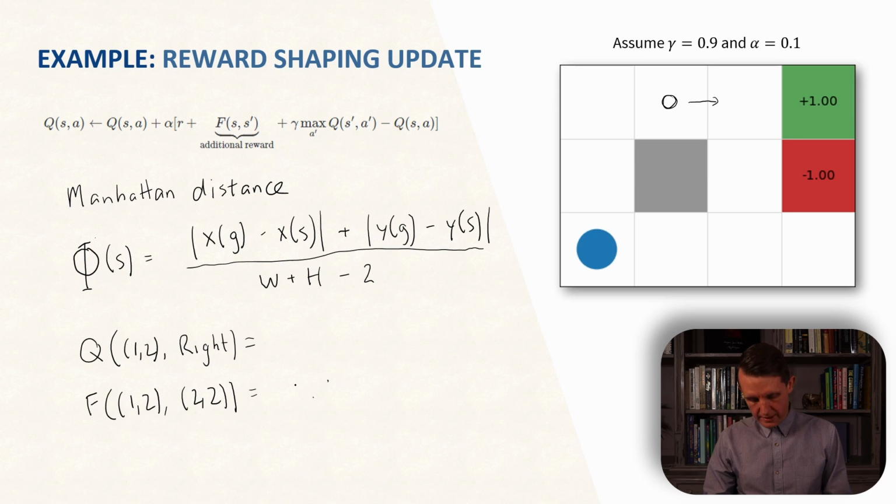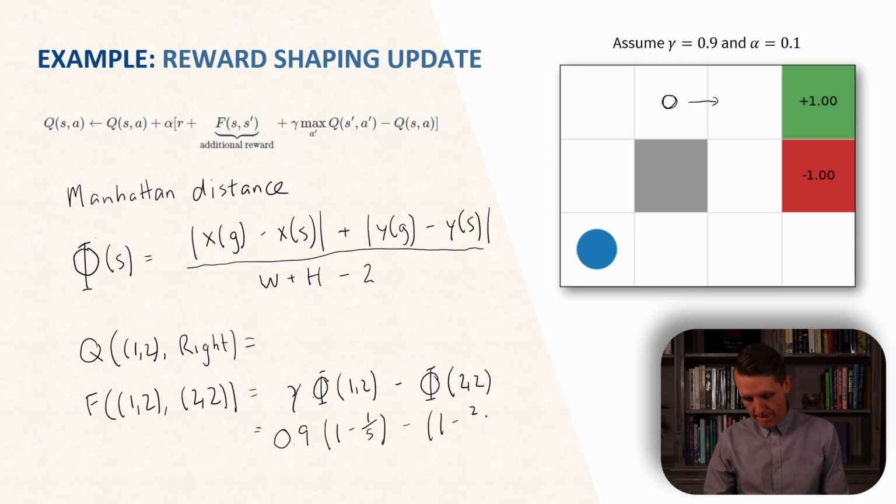Therefore, our value will be gamma times phi of 1, 2, which just comes to... so the shaped reward is 0.12. This is a small reward that we're giving to the algorithm.